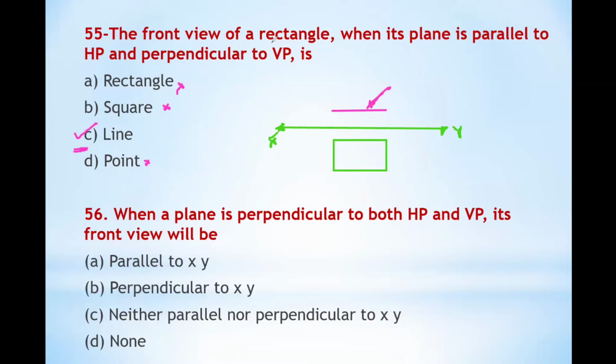So the front view will be perpendicular to XY, and that's why option B will be correct. If the plane is perpendicular to both HP and VP, then definitely its front view will not be parallel to XY; it should be perpendicular to XY. So the correct option is B. We'll see the next one.